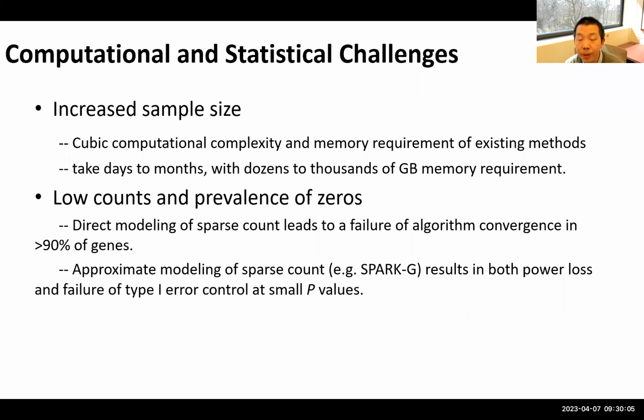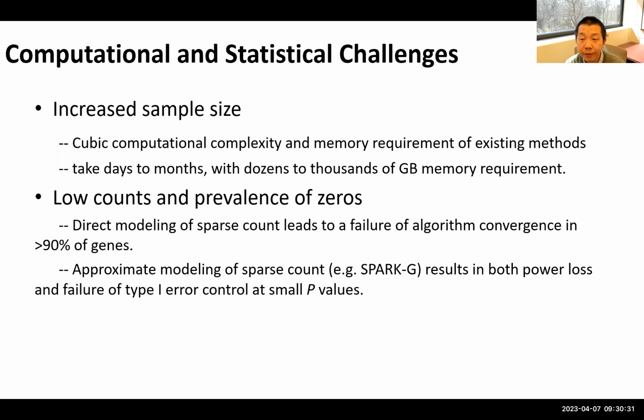You can quickly try this: even if you simulate data from, say, a negative binomial model, and as long as you keep the negative binomial rate parameter very low, so that you simulate a lot of zeros, and then you try to fit it with the negative binomial model using a standard R package, you will see it fails over 90% of genes. Simply, the algorithm is not that stable once you have a lot of zeros.